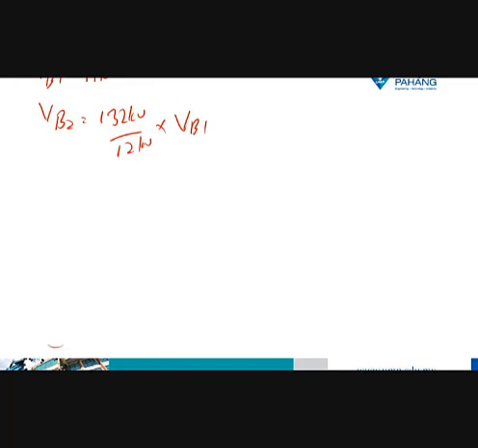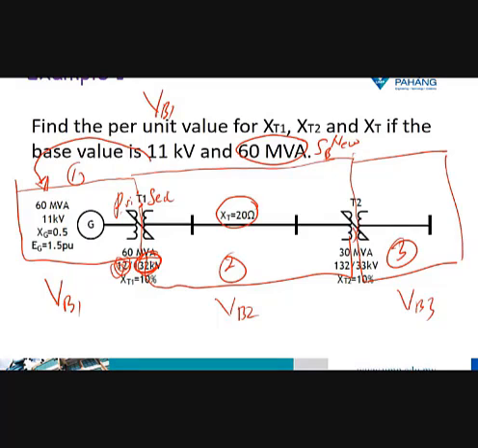132 kV over 12 kV times V base 1. So what is V base 1? This value is given, 11 kV. So 11 kV is over here. What voltage level is V base 2? We just use the ratio to find V base 2.